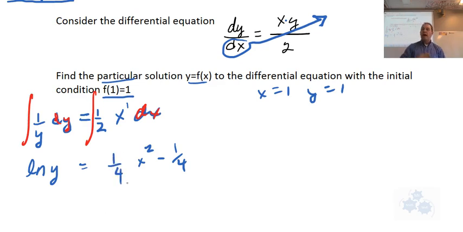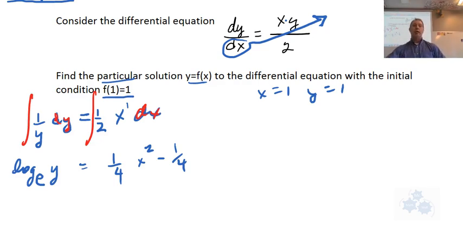Okay, so now I have to solve for y. How do I get rid of ln? Do I just divide both sides by ln? Okay. Yes. So what you want to remember is that ln of y is the same as logarithm of y base e. And if we have a logarithm equation, you can always rewrite a log equation as an exponential equation.